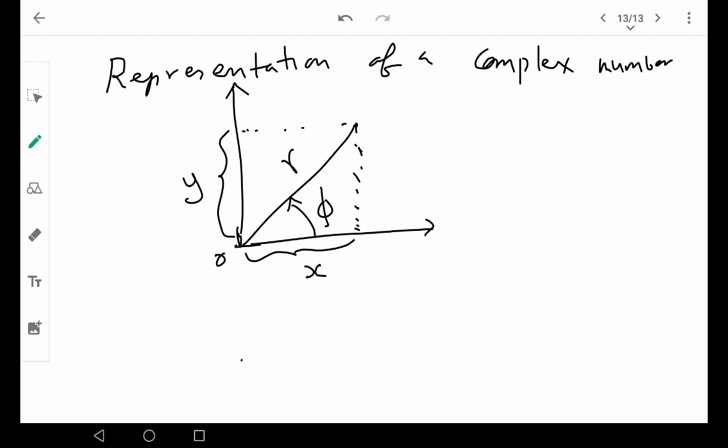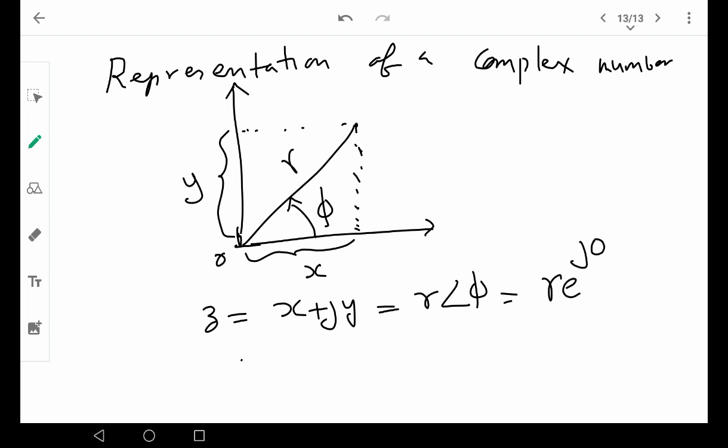So you can write z equal to x plus jy, or r angle phi, or r e raised to j phi. So all these things are represented by the same diagonal.